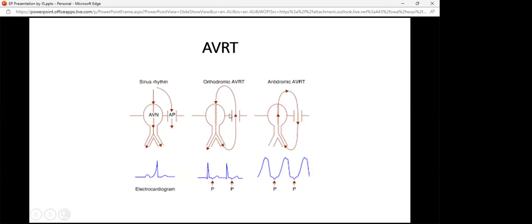We know that an AV node has decremental properties, whereas an accessory pathway doesn't tend to have decremental properties. So it's quite open to very rapid signals through here. So it can look quite scary in someone who is in antidromic AVRT. You may think it is a broad complex VT or something like that. So trying to have an understanding of that is quite important as well.